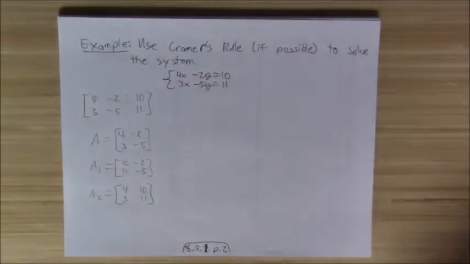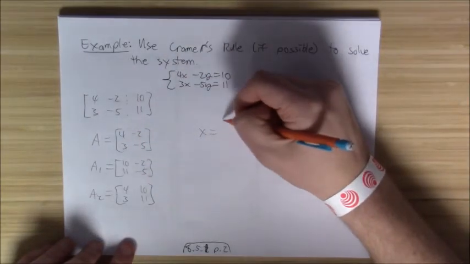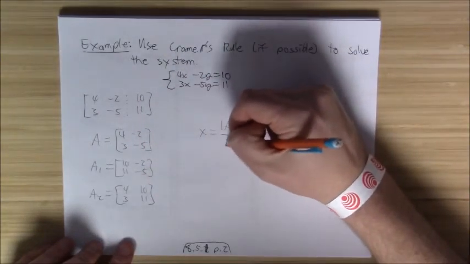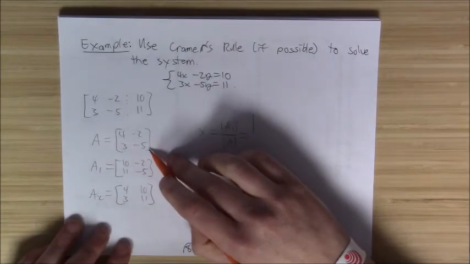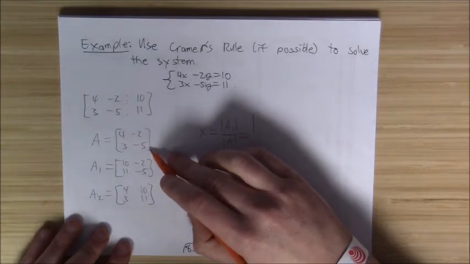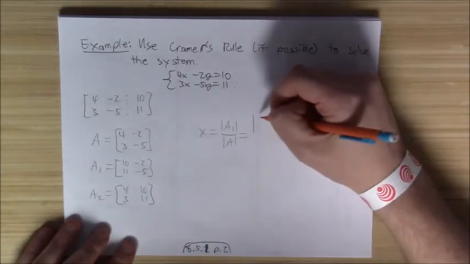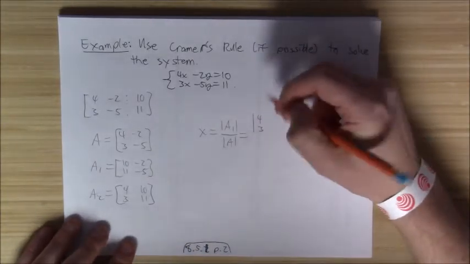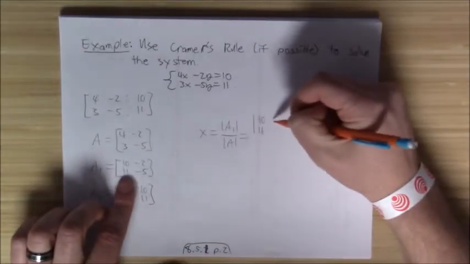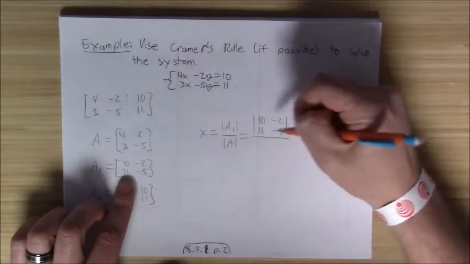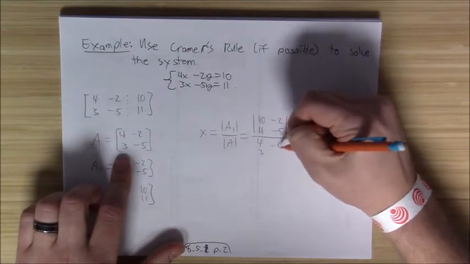All right? Which means x, being the first variable, will be the determinant of A1 over the determinant of A. So that's going to be 10, 11, -2, -5, over 4, 3, -2, -5.